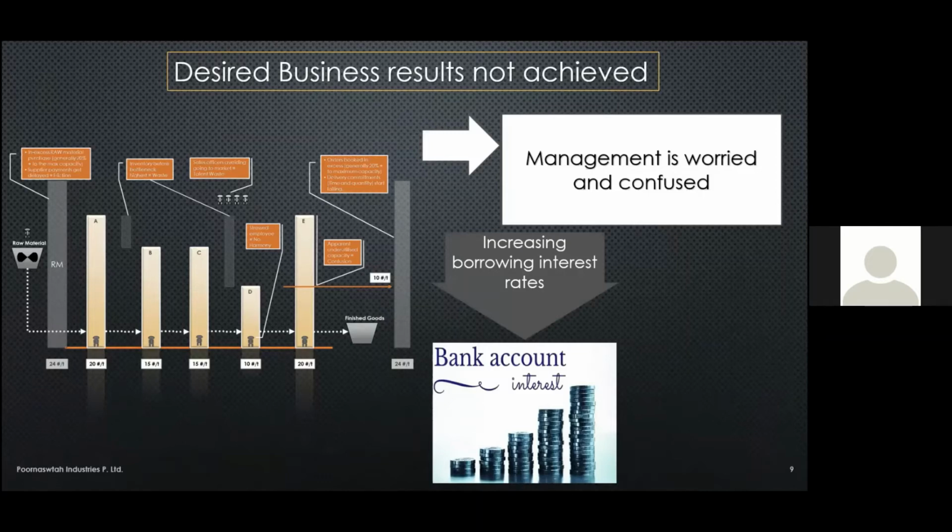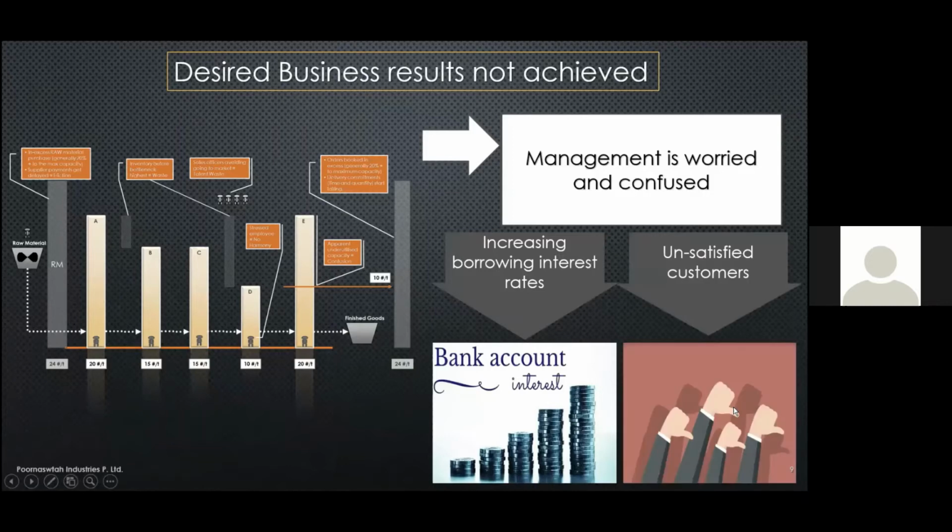The bank borrowings are increasing, and on the other side, customers are getting unsatisfied because the commitments given by these organizations are failing. So fewer and fewer orders are being processed as the future comes in. So there is a complete down cycle which the organization starts facing. See, this is what is happening. What we planned to do and what is happening now, from this yellow dot to an early downfall within zone B, and the competitors start earning much better.